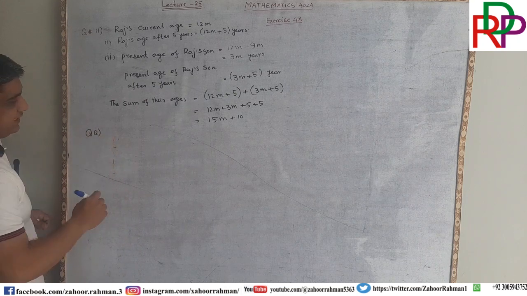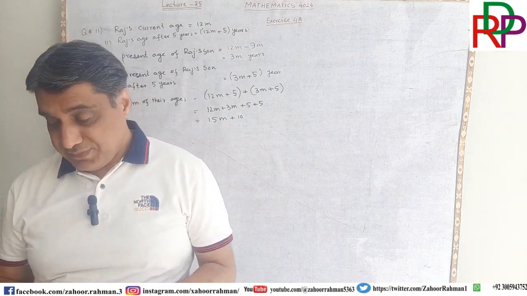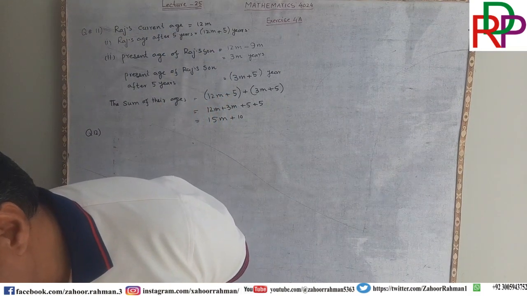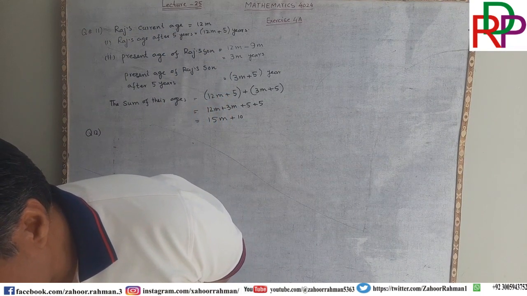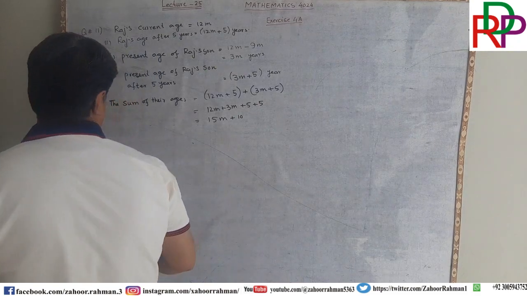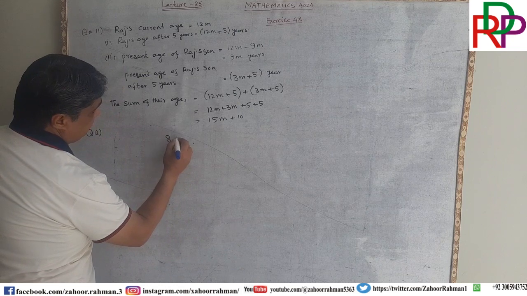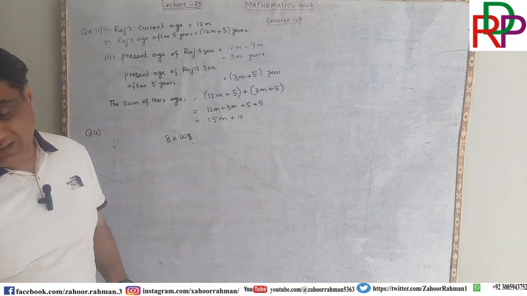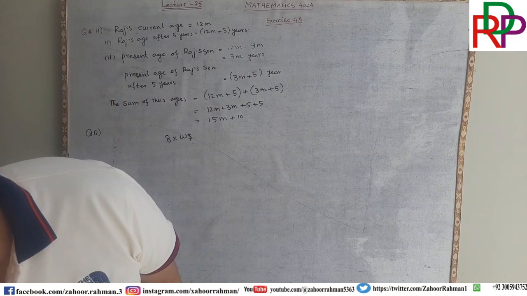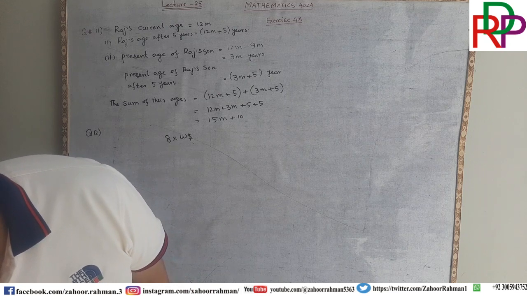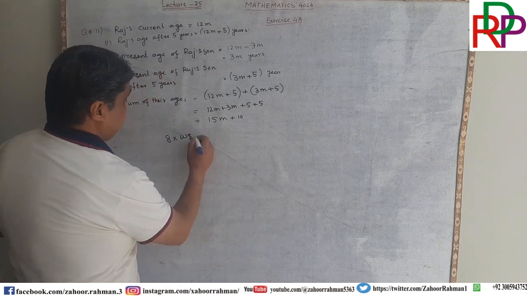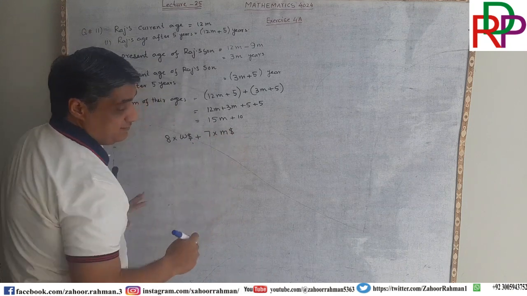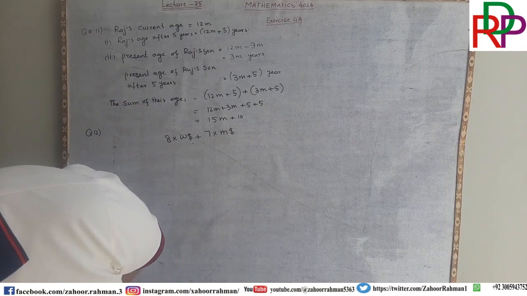Question number 12 is saying that Huixian bought 8 books at W dollars each. So we have to write 8 books at W dollars. And 7 pens at M dollars each, plus 7 pens at M dollars.